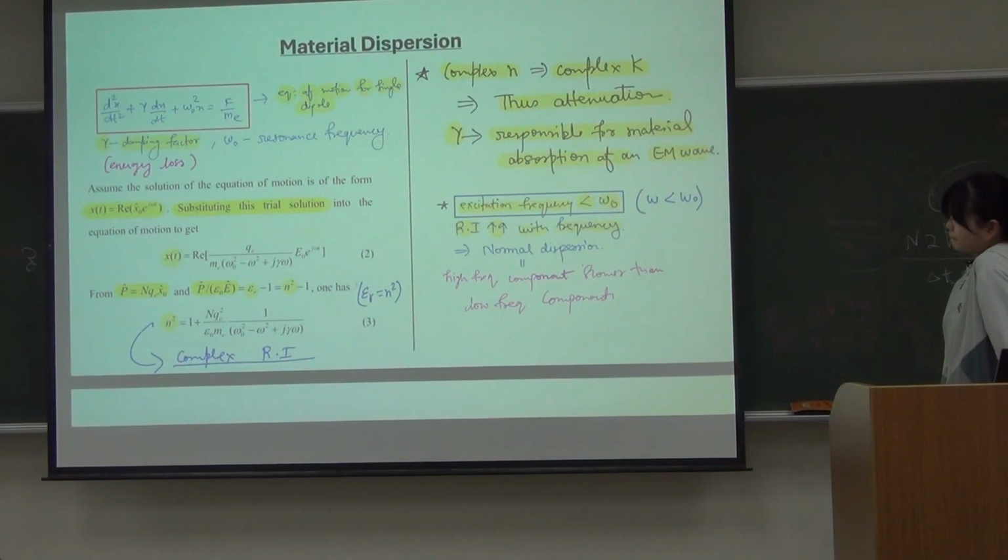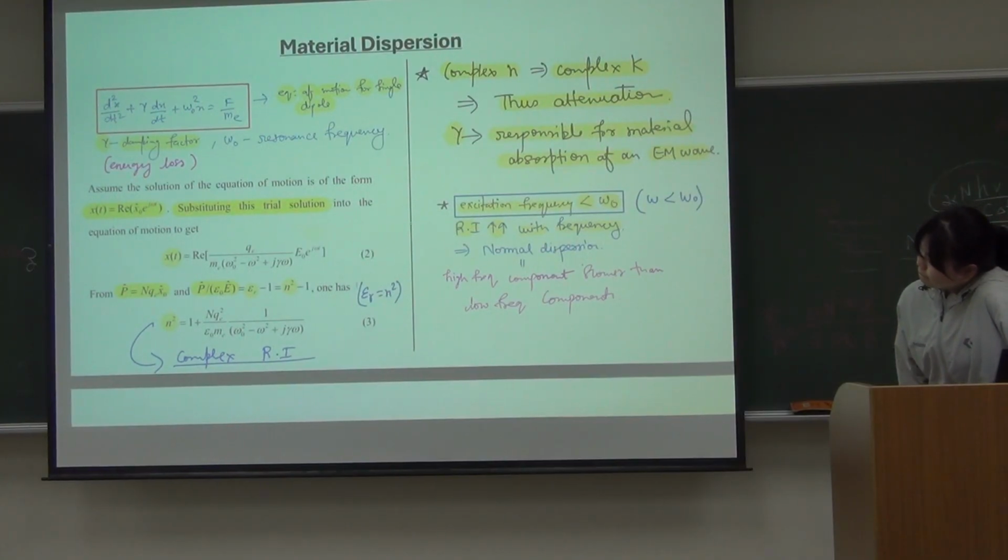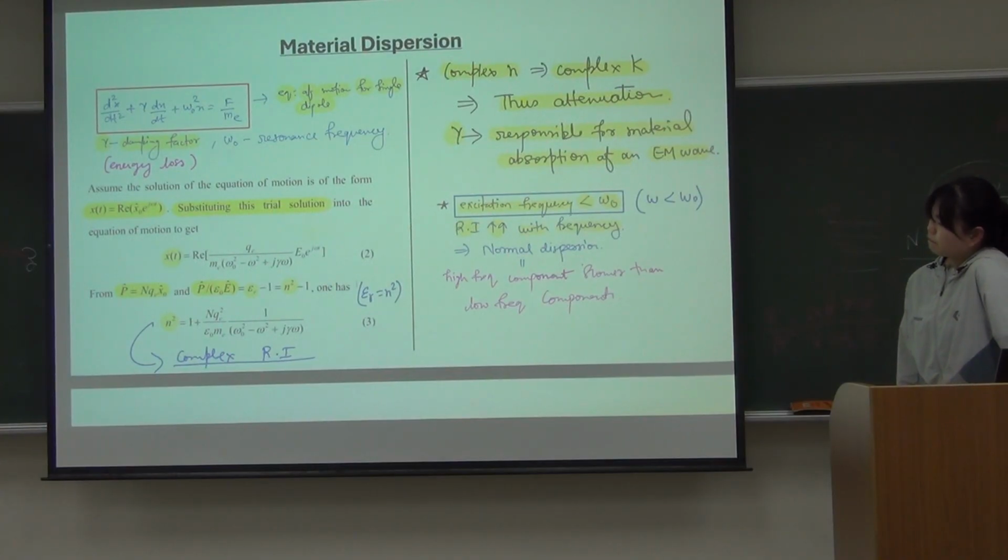Now we need to specify that those are complex numbers. And you get chi, the susceptibility of the system, and this is a complex number.